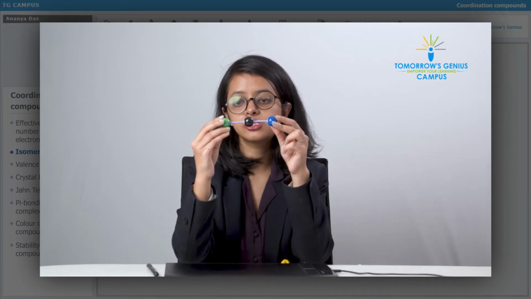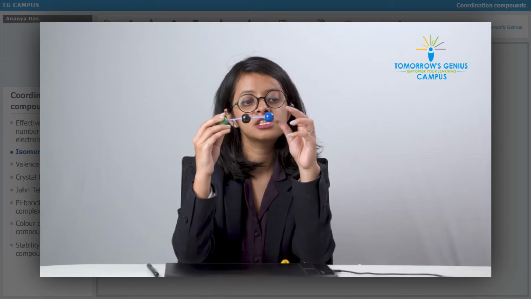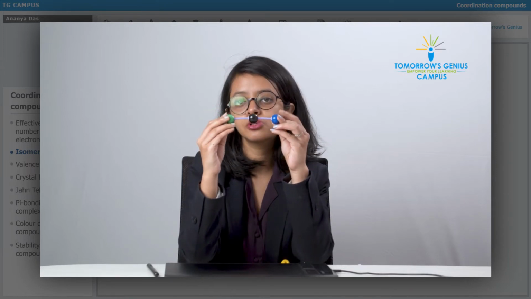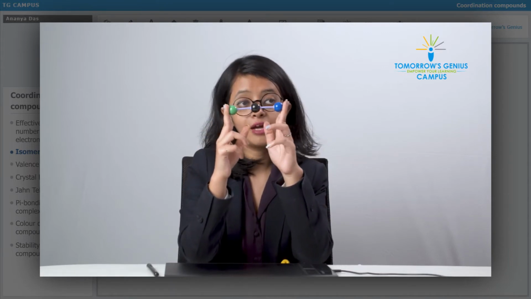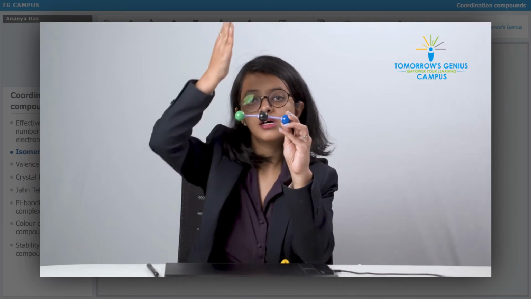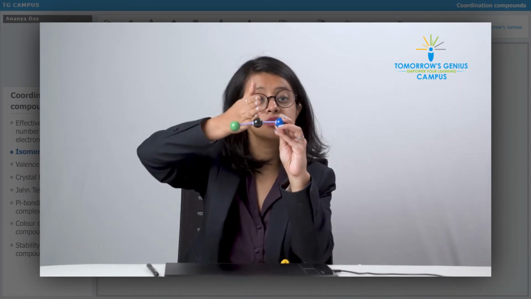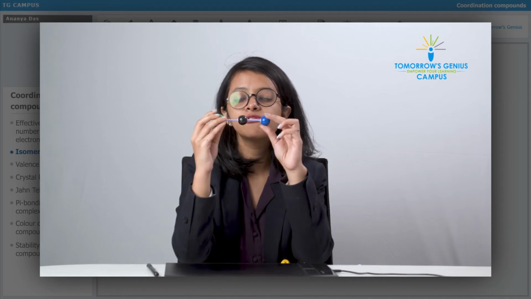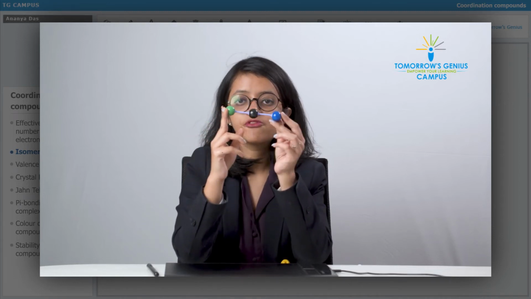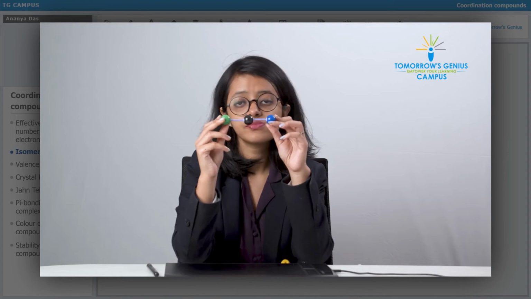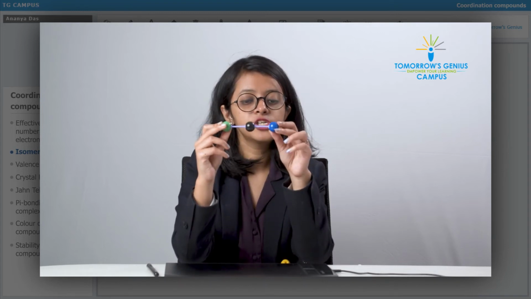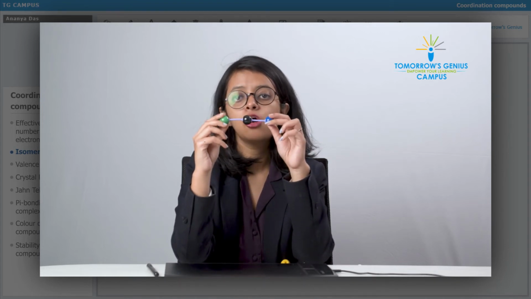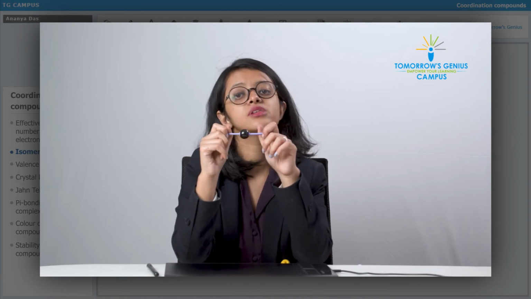Let's just imagine that this is also blue and this is also blue, that is, the ligands are same. If the ligands are same, then this will be a plane of symmetry also. So plane of symmetry is possible even if the ligands are different or even if the ligands are same. That means the coordination complex is going to be optically inactive no matter what the ligands are.